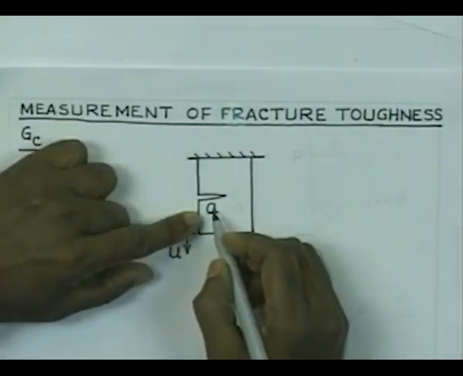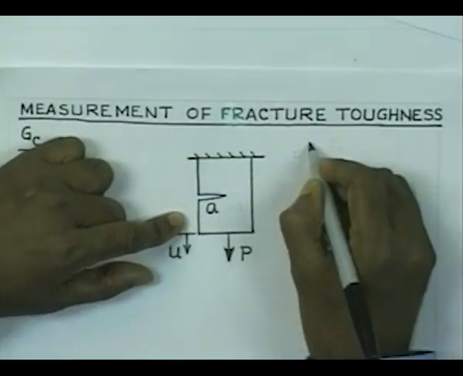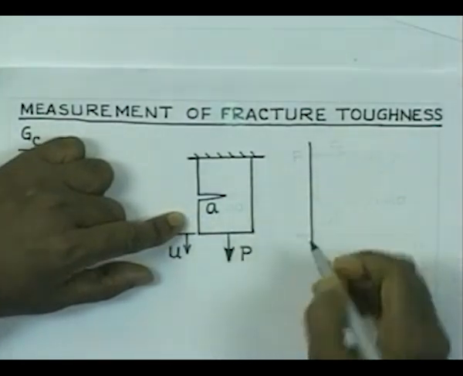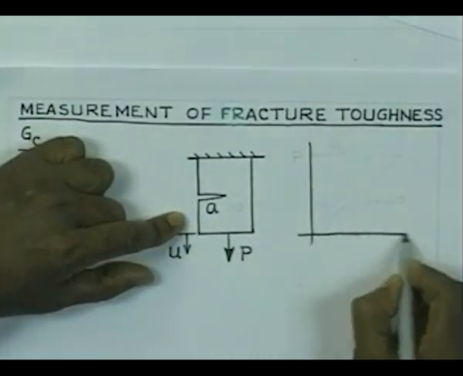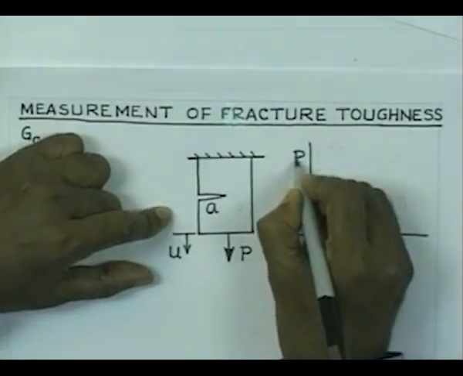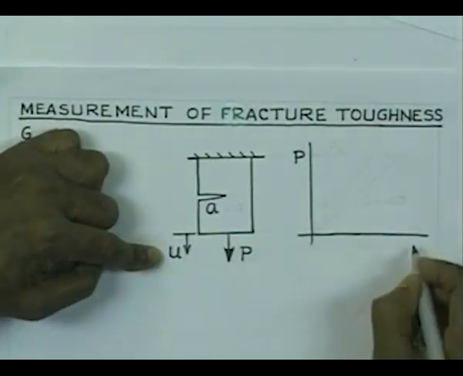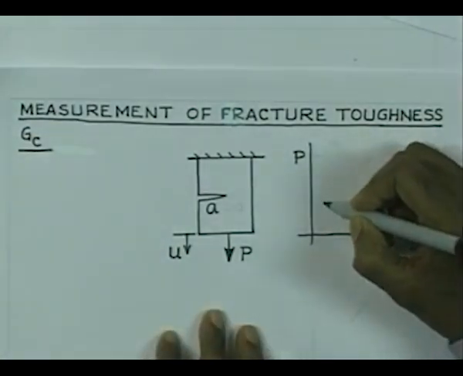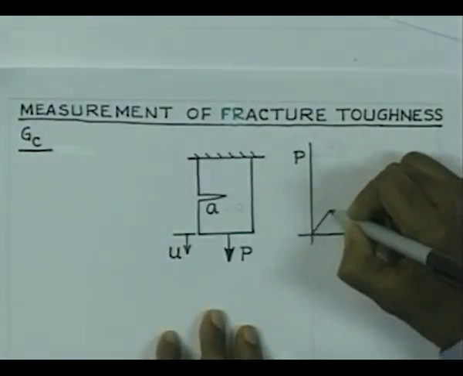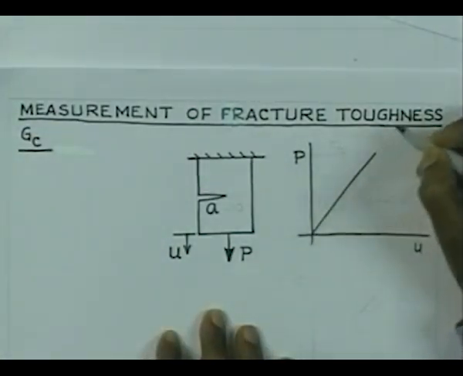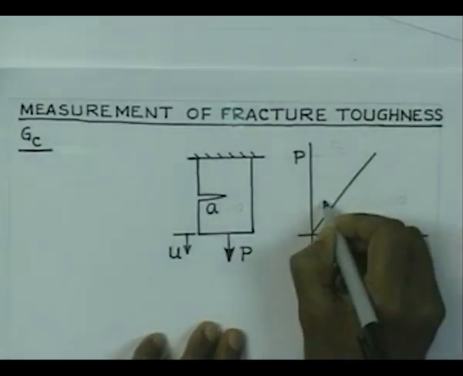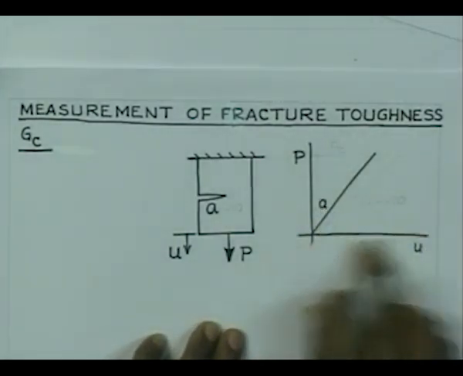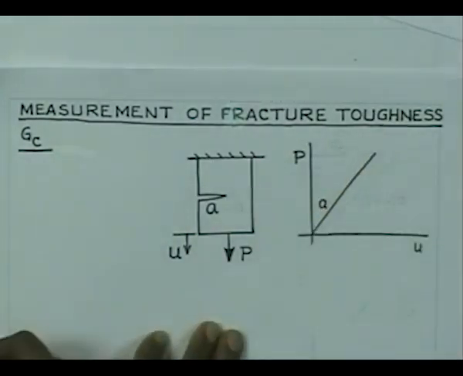If we consider a particular crack size A and plot the variation of the load with the displacement u, then since it is elastic material, there is no plastic deformation or nonlinear deformation, we are going to get the variation of load with deflection to be given by this.